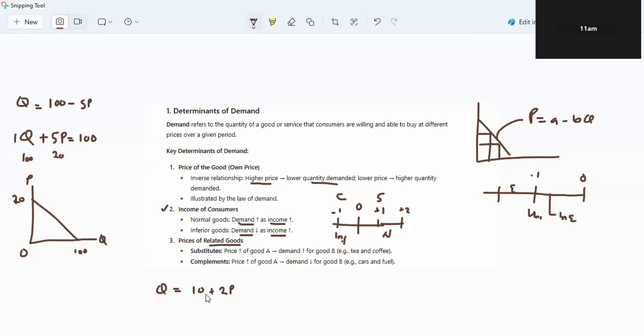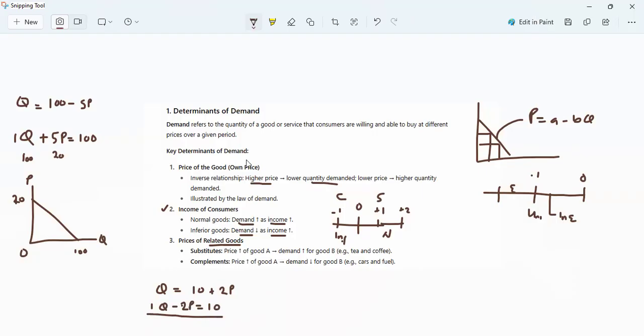So when this one comes this side, it will be a positive. So Q minus 2P is equal to 10. So help me identify the intercept. Where is the intercept, the cutting point for Q, and where is the cutting point for P? How do we identify the cutting points?